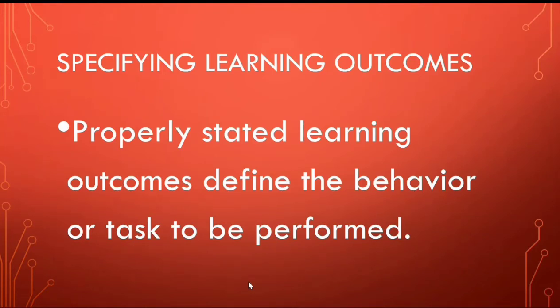Example, when you write to appreciate the beauty of poetry as an objective, how are you going to make an assessment showing appreciation of the beauty of poetry? Diba? It's too broad and it's too abstract in a way that we do not know what exact assessment tool, assessment item will measure that objective.